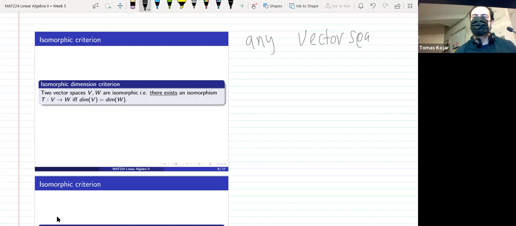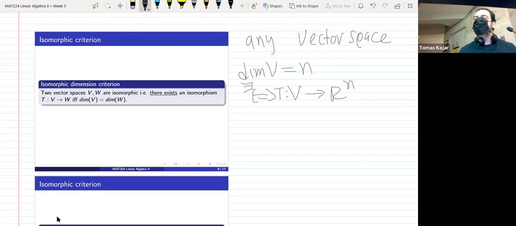I mean any, like polynomials, matrices. And if you have that its dimension of V is n, then you can map V isomorphically. There exists a map that goes from V to Rn. That's basically the result here.